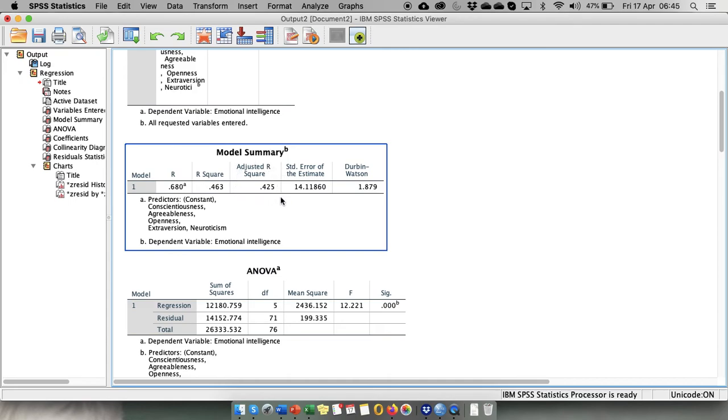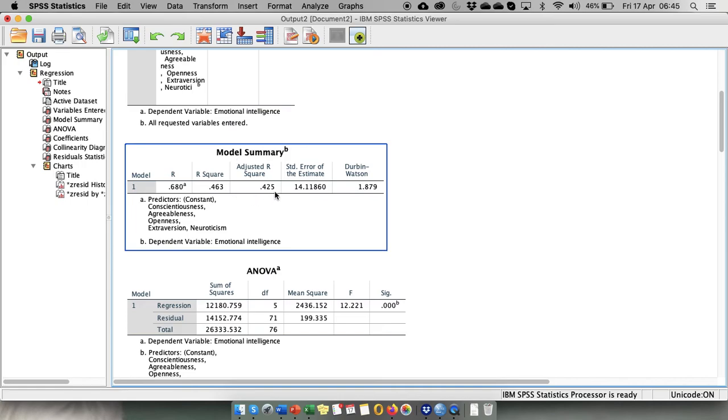You would say that 5 personality traits explained 42.5% of variance in trait emotional intelligence, or you can include it as adjusted R squared equals 0.425.